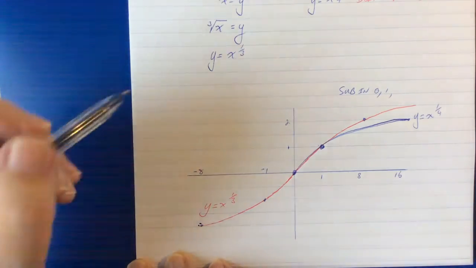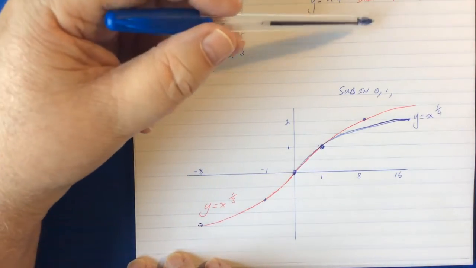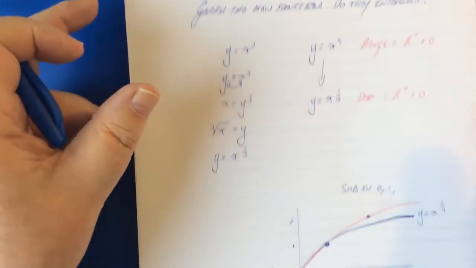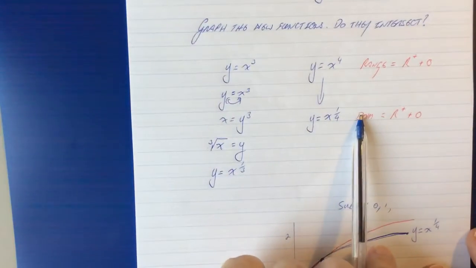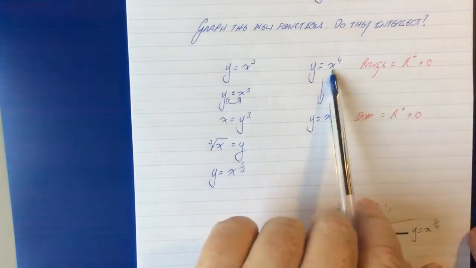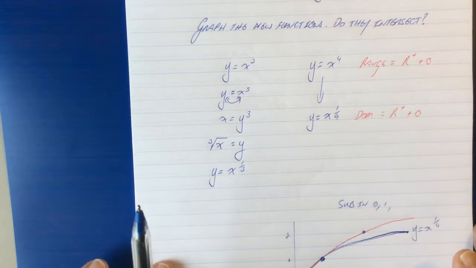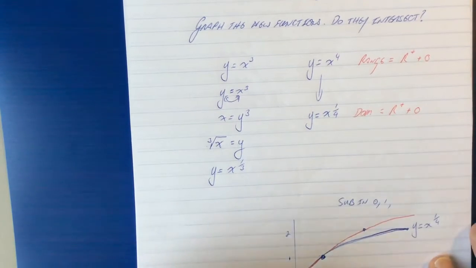So that bears out what I was talking about earlier on, that the domain of this function is restricted because the range of this function was restricted. Okay, so we have our points of intersection there and there, and we've got that by just subbing in.